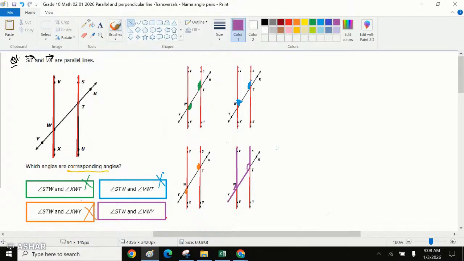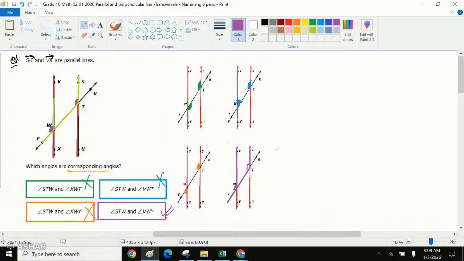So when we go to the question, we can always highlight this point. This is this and this. We see a formation of F. That means this angle would always be equal to this angle. And this is correct. They are corresponding angles. The last option is the correct corresponding, right? This is the correct answer.